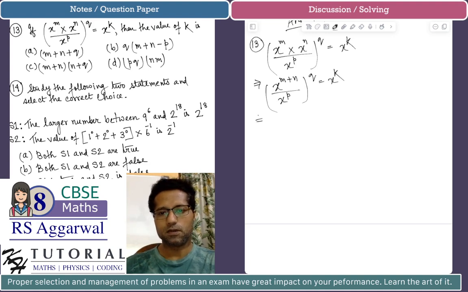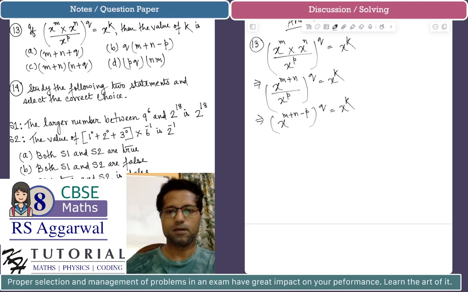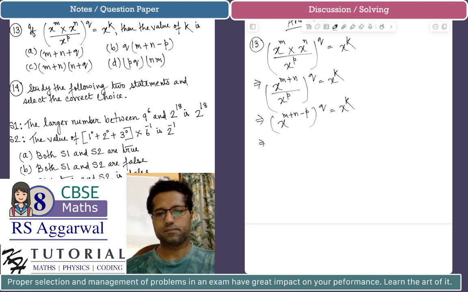This implies, now again x to the power m plus n divided by x to the power p will become x to the power m plus n minus p, and this whole raised to the power q is equal to x to the power k.